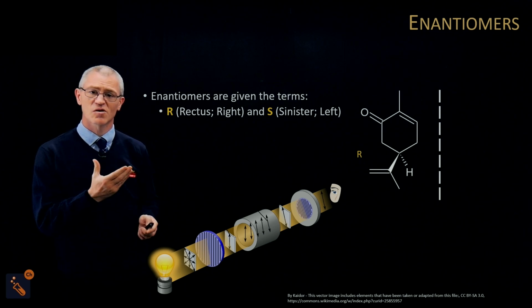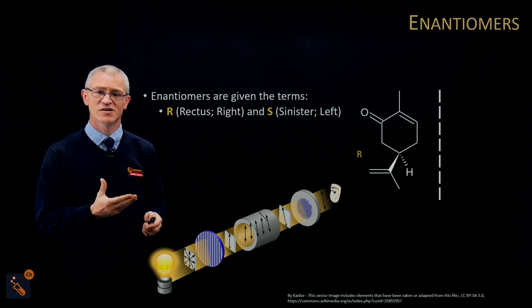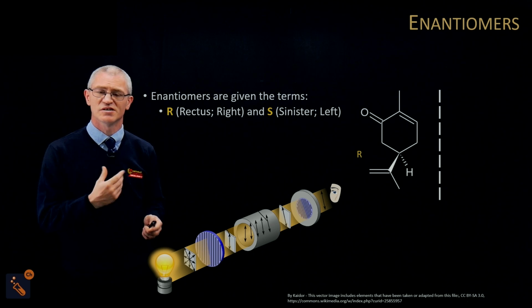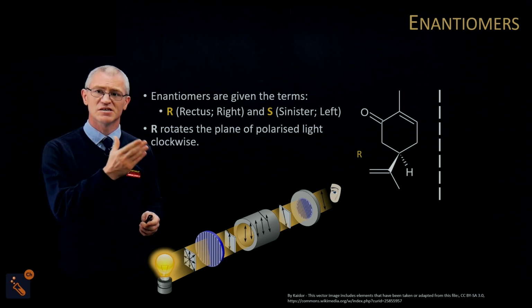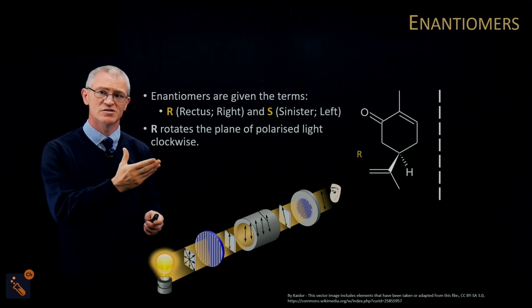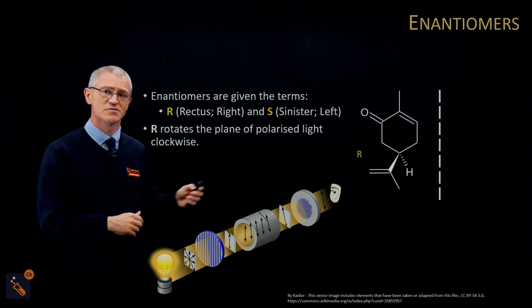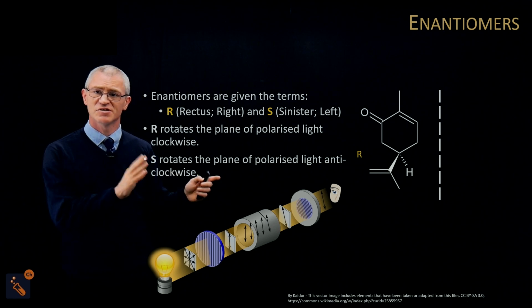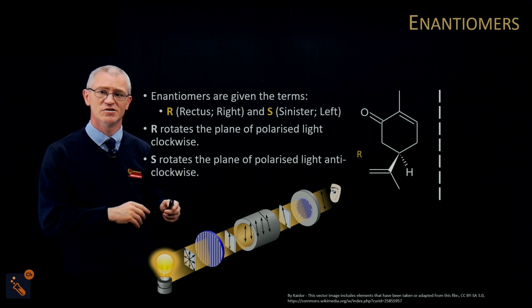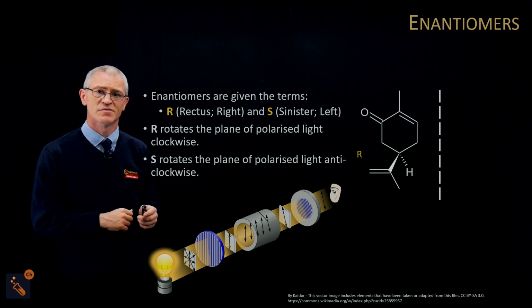And it's this rotating of the plane of polarized light which allows you to tell what enantiomer you have. So the R rotates the plane of polarized light clockwise. Clockwise is to the right. And S rotates the plane of polarized light anti-clockwise, so to the left.